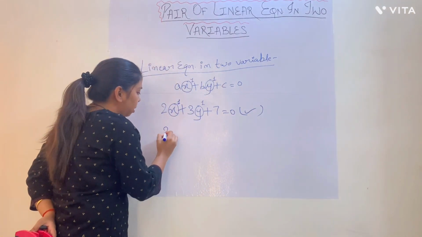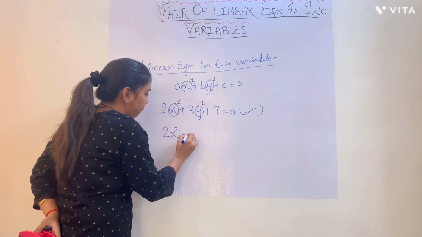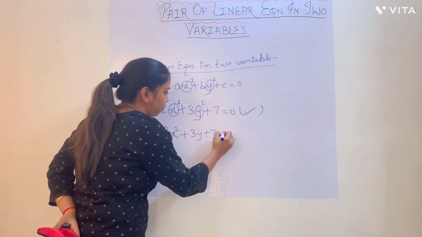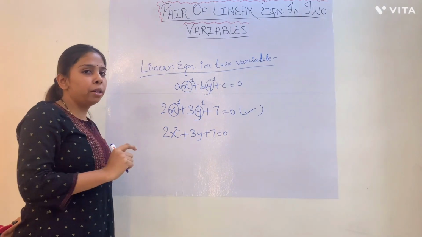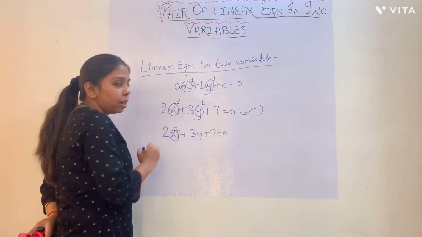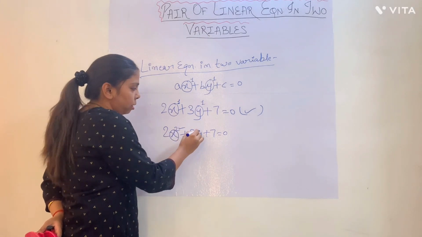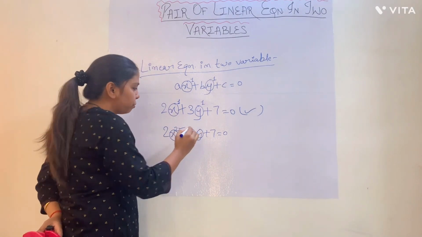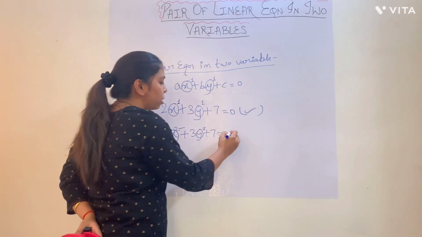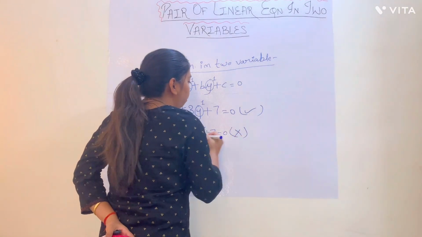But here, this is not a linear equation in two variables because the maximum power of the x variable is 2. The maximum power of the y variable is 1, but the maximum power of the x variable is 2. So it is not a linear equation in two variables.